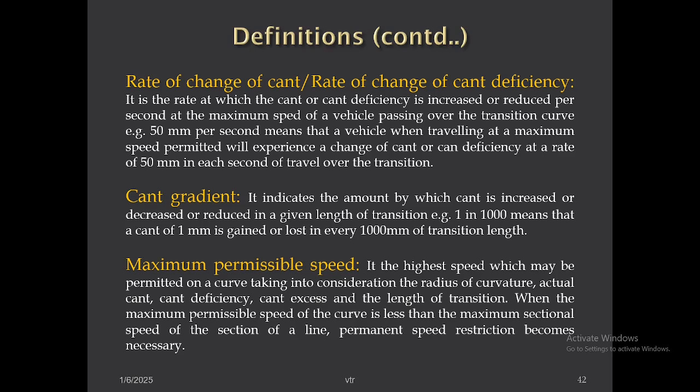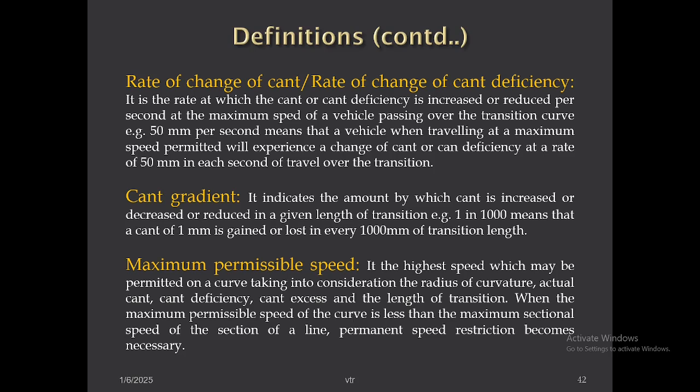In this transition length only, we ease out the super elevation and the curvature. The easement should be such that the rate of change of cant or cant deficiency is within the prescribed limit. This is a limiting value, which we will see on the coming slides.